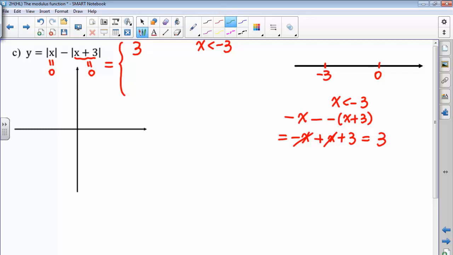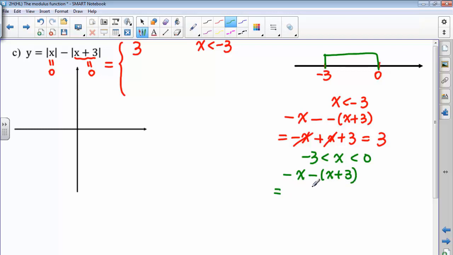Let's look at the second piece, which is this part. When x is between -3 and 0, you will see this x is still less than 0. So the absolute value of x is -x. But this part becomes positive. When you remove the absolute value symbol, you just put down x plus 3 only.